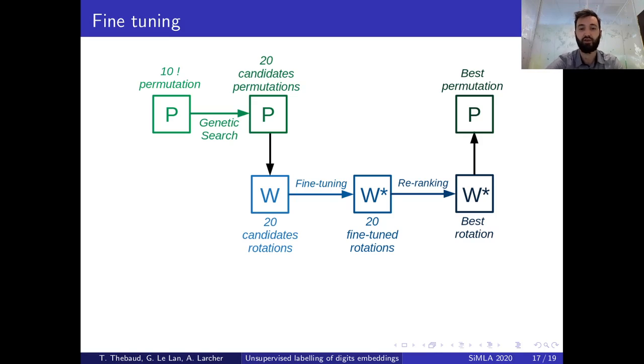We fine-tune our 20 candidate rotations to get 20 fine-tuned rotations that are supposed to be in the local optimum, and we re-rank them. Once re-ranked, the absolute best rotation is associated to what we consider to be the best permutation.